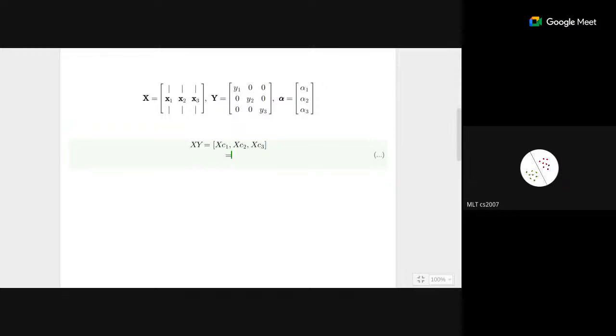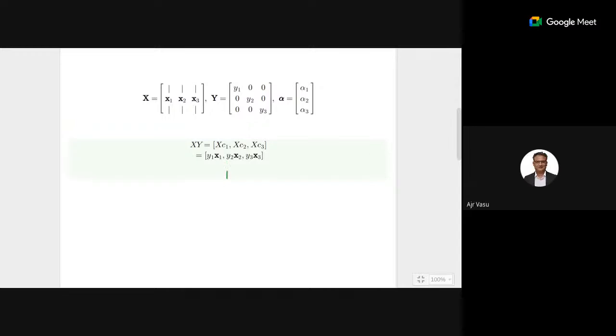A linear combination of what? Y1 into X1. That will be the first column. This will be Y2 X2, and this will be Y3 X3. These will be the three columns of XY.